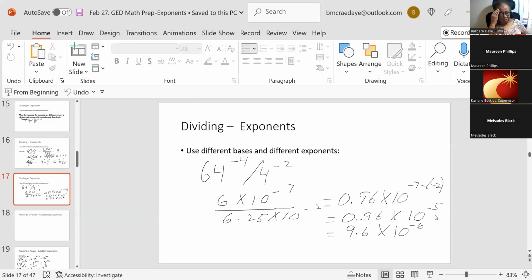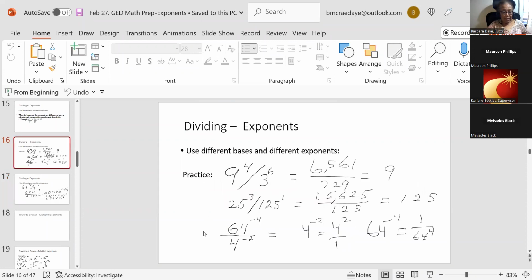This one was a little different. And actually, when I give you something like this, you wouldn't have to carry it out this far. What I wanted you to recognize from a problem like this is that when you have a negative exponent, it's the reciprocal of the positive.